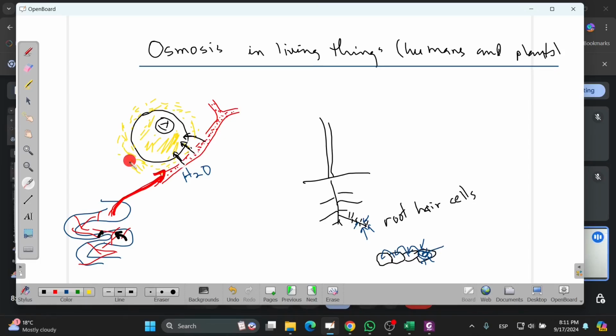So outside is isotonic. It's an isotonic medium compared to inside the cell. And then the water will be moving out of the cell and into the cell at the same rate. The same as in your blood, water will come out of the blood into the tissue fluid, and from the tissue fluid into your blood at the same rate.